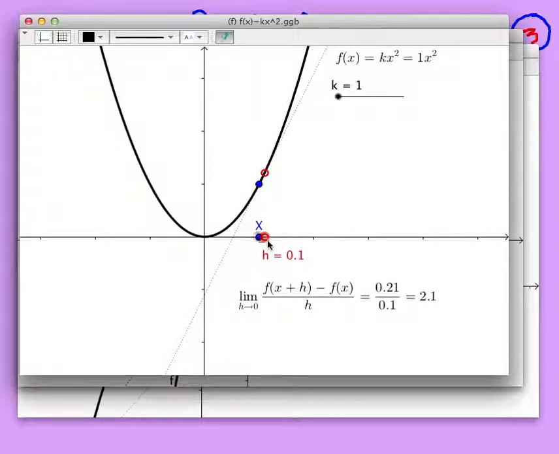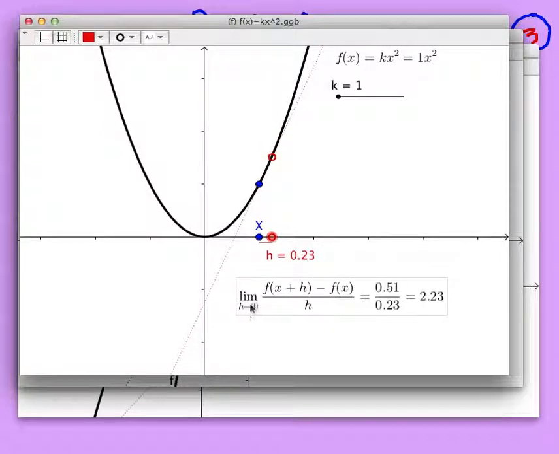I've got here back to my second definition of the derivative, right? So the limit as h approaches 0, and I've got my x on 1, and as h gets closer and closer to 0, we find that the derivative is somewhere in the vicinity of 2.